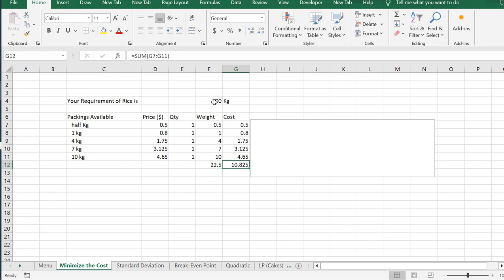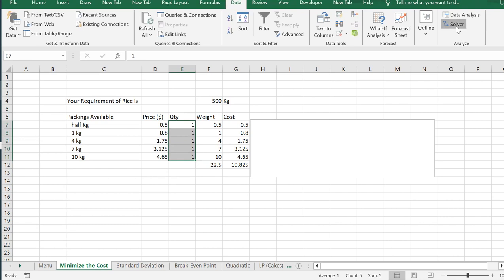And our target is that this amount reaches 500 kg, right? We have 500 kg rice with the minimum cost available here. So we have everything here. Now we can quickly go to the data and go to the solver.